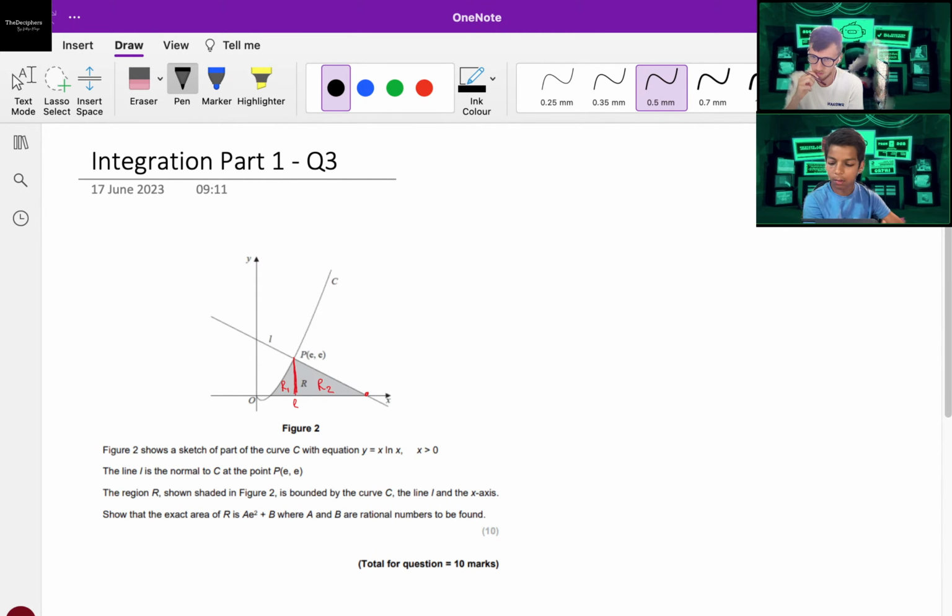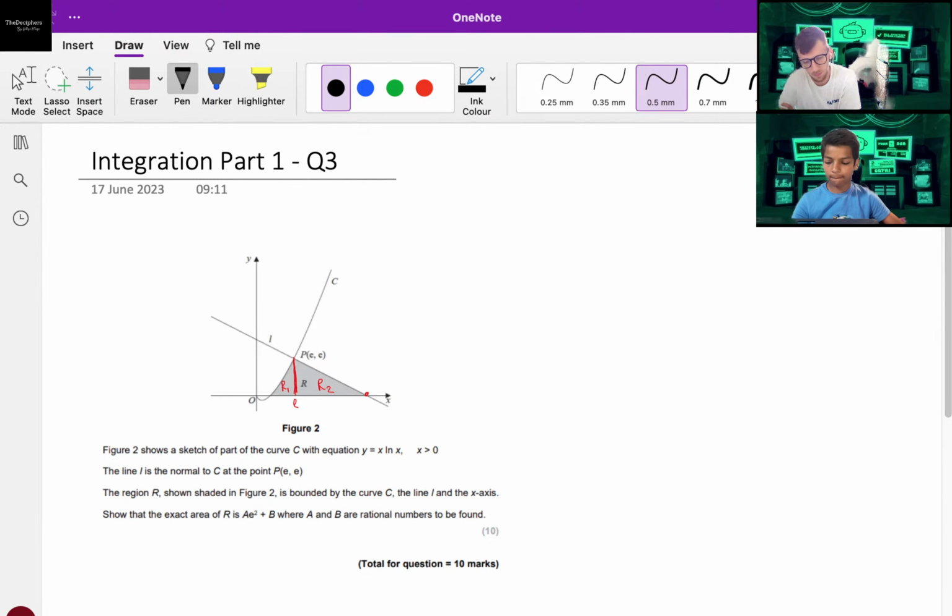Because then we'll know the coordinates of that point, so then we can do the derivative of the curve and find the derivative at that point, and that will help us get the normal.